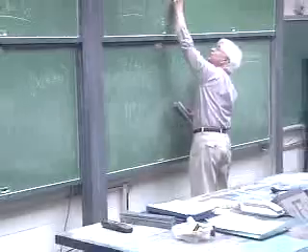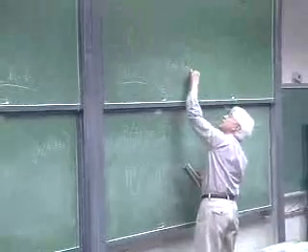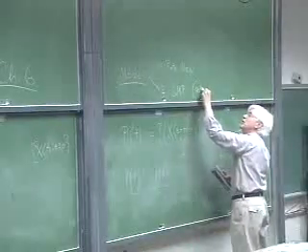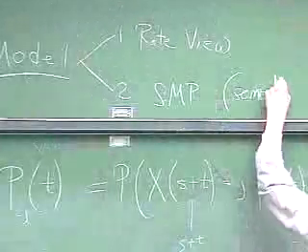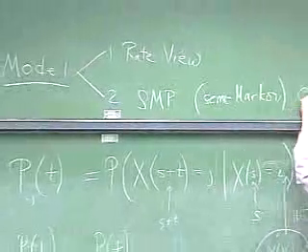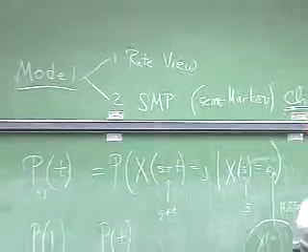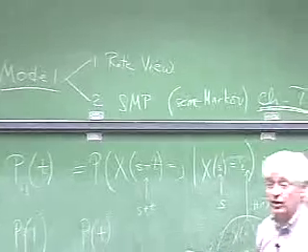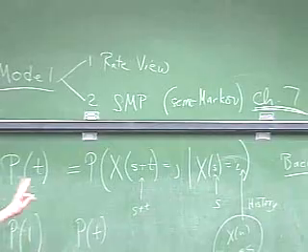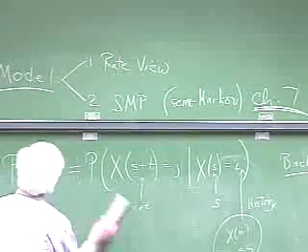The rate view and the semi-Markov process view, which will actually be discussed in Chapter 7, not here. But it is easy to understand, so we'll start here. So let's start with the rate view.